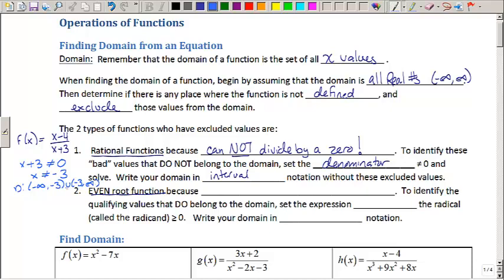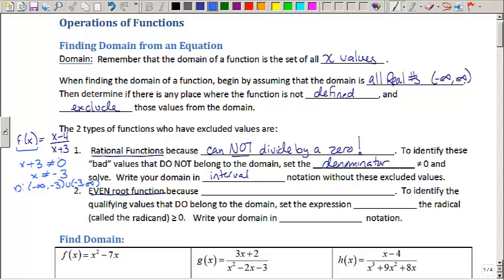In this section, when we're trying to find domains from equations, sometimes I like to think of f of x as like a party planner, where you're setting up a party, and the domain is like your invitation list. Who are we going to invite to the party? Well, we always assume we're going to invite everybody to the party, and we're just going to take out the one invitation that we don't really want to include.